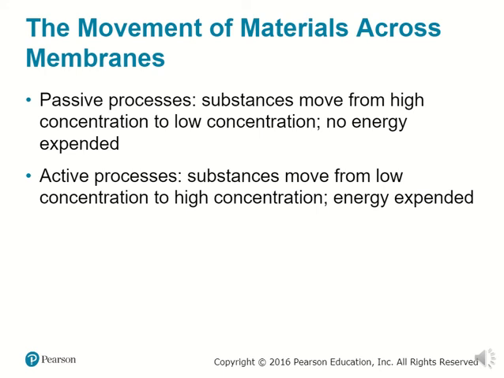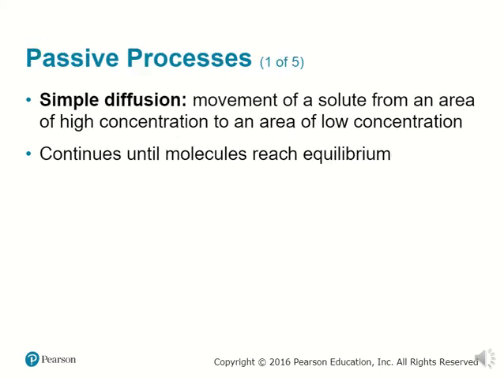And again, this is passive, which means no energy is used up by the cell. But there are cases where the cell has to push things against that concentration gradient, and these are active processes, where substances are moved from a side of the plasma membrane that has a low concentration of that substance to the other side where the concentration is higher, and energy is needed to perform these processes.